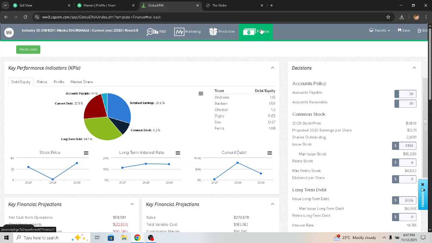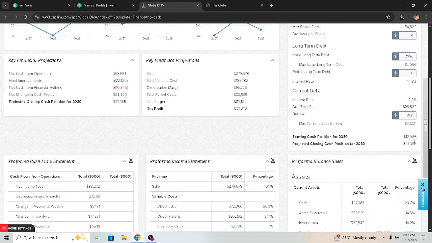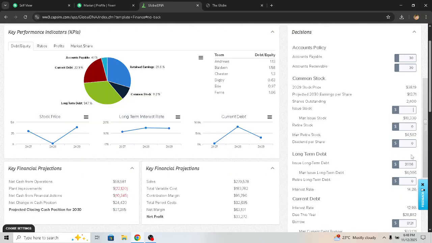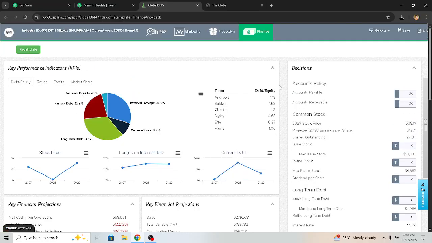Yeah, so we are on our final page, which is finance. Looking at finance, we had already taken a loan. We had already taken some debts, but even before that, I just want to show you that we are already operating in profits. Let's cancel the loans we had taken. Let's recalculate.